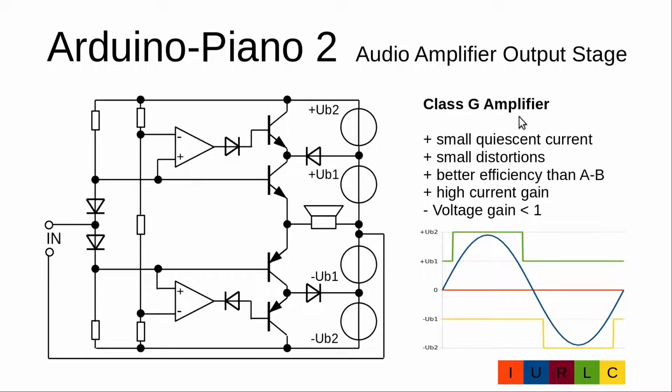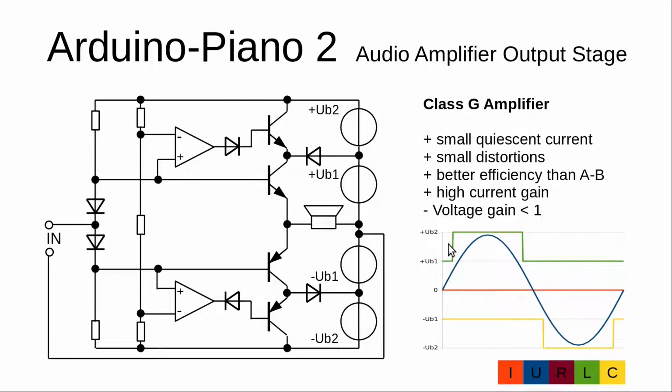Class G amplifiers are often used in high power amplifiers. For high power amplifiers we need a high supply voltage to drive enough current through the loudspeaker. But with a low input signal on the high power amplifier we have a big voltage drop on the output transistor, and a big voltage drop multiplied with the current gives a lot of power which is dissipated in the transistor.